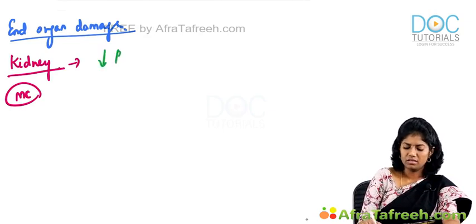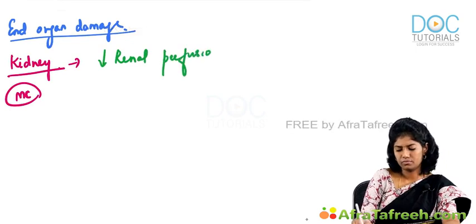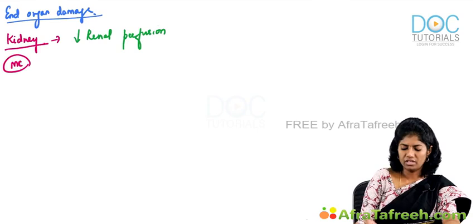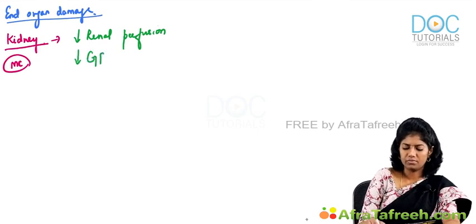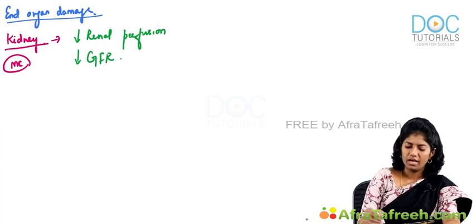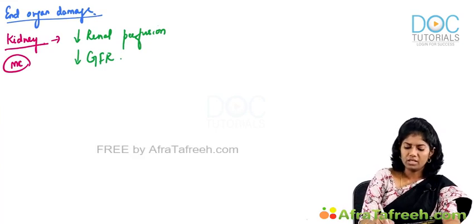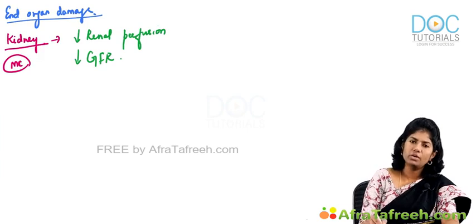Number 1, there is decreased renal perfusion. There is decreased GFR, decreased glomerular filtration rate, and the pathognomonic lesion associated with preeclampsia is glomerular endotheliosis.